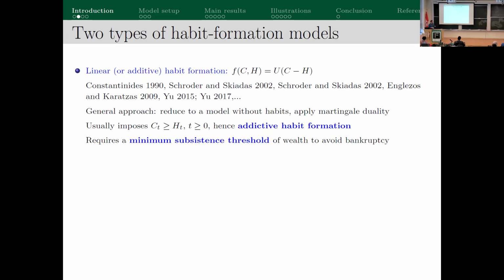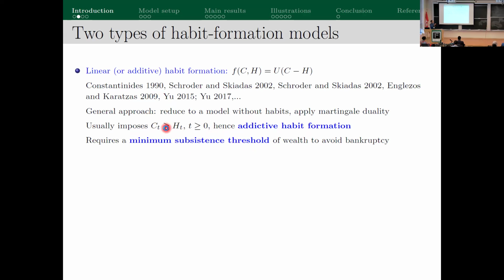The good thing about them is that you can essentially cheat. You transform your model to a different model that doesn't have habit in it, and you can apply martingale duality to that model and get very general results, right?